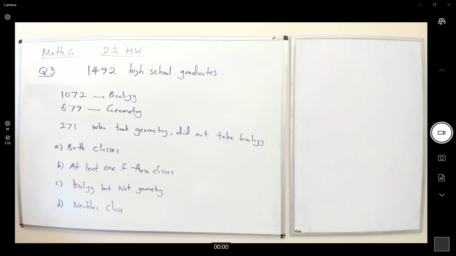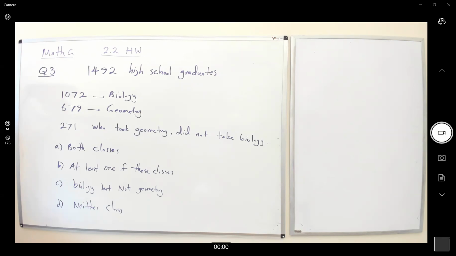So let's see what information is given here so it can actually help us. You know that you have 1072 biology, and you have 679 who took geometry. You have the cardinality of the whole set, and some portion of it, which is the people who only took geometry, is 271.